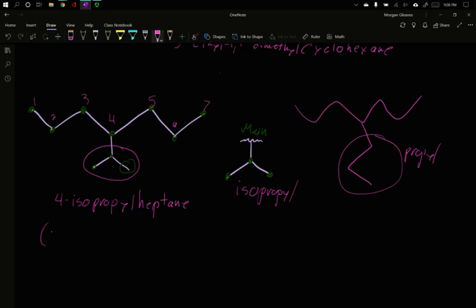And so it would have been a 1-methyl on the ethyl at the 4 position heptane. And so official IUPAC, official modern naming, is 4-(1-methylethyl)heptane.